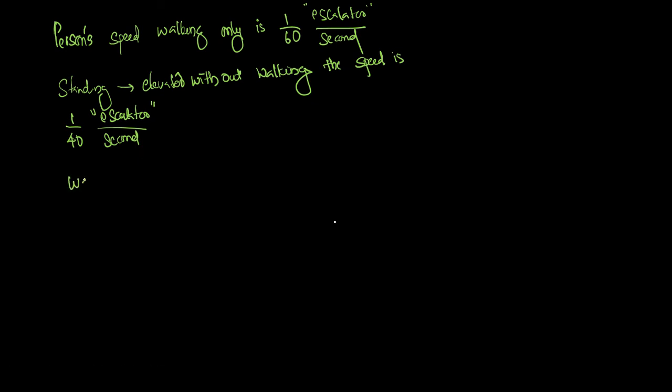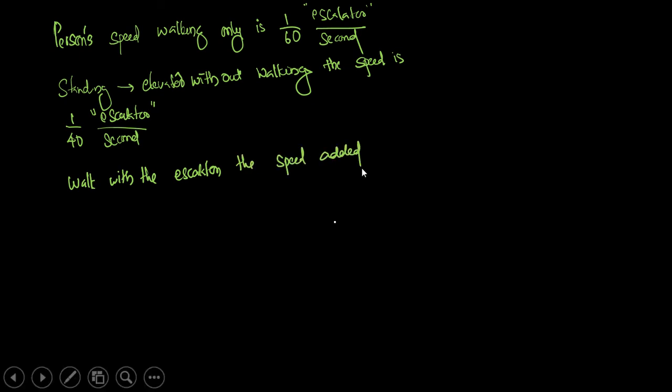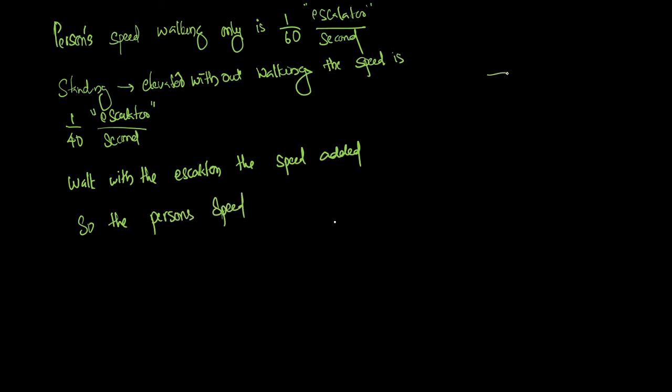So when we walk with the escalator, the speed will get added. Am I right? The speed will get added, velocity concept. So for those who have confusion, let's say this is an escalator, and this escalator has a velocity of, let's say, 2 meter per second with respect to ground.